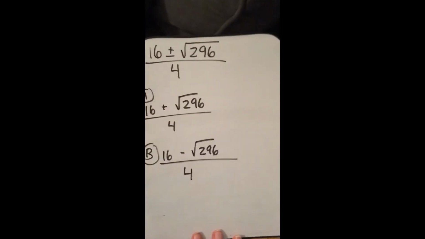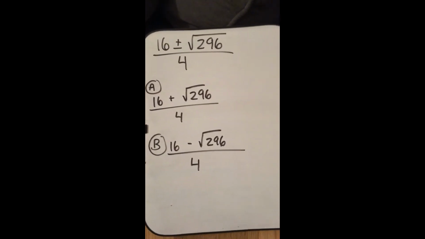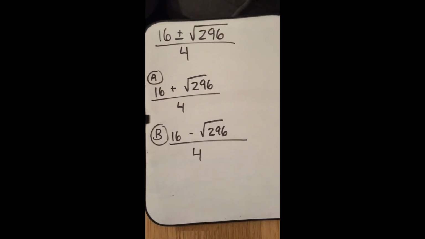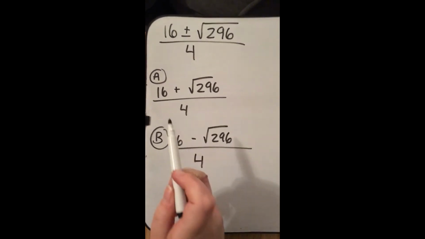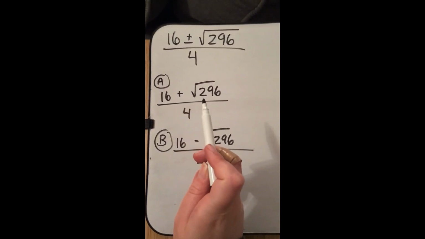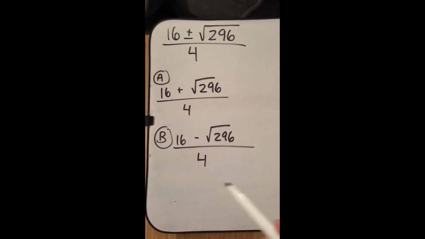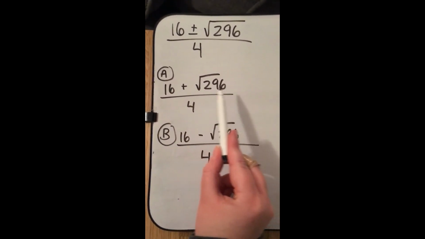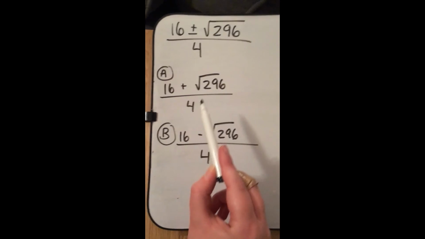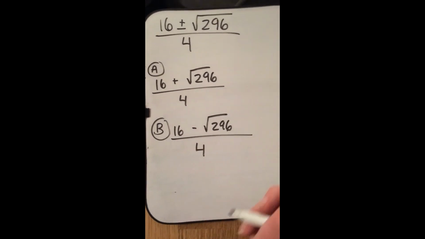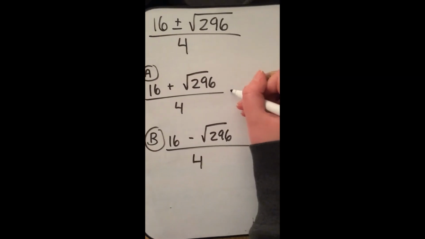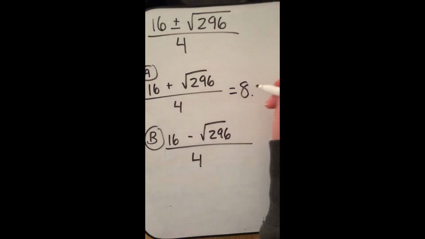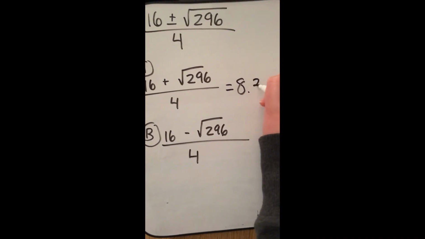We have 16 plus or minus the square root of 296, all divided by 4. If we do 16 plus the square root of 296, first put this part into the calculator and then divide by 4. Rounding to the nearest tenth, we find that it's 8.3.